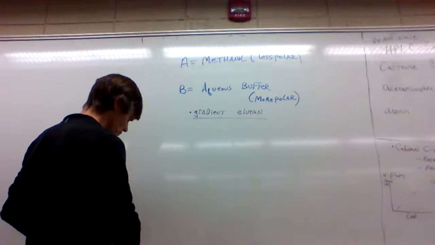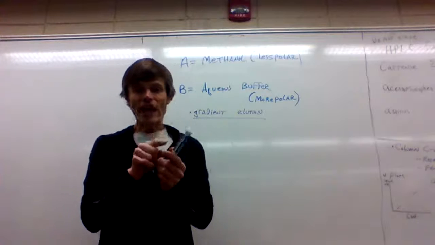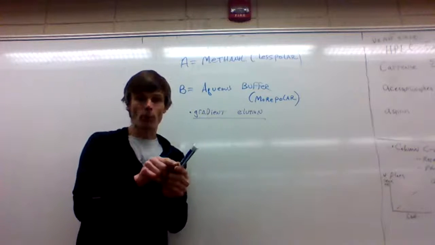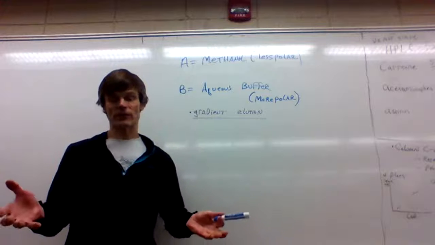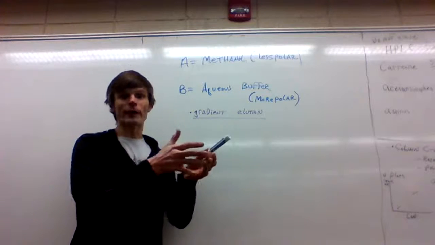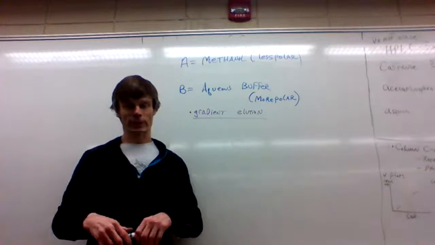Now, a gradient elution is the situation in which we change the composition of our mobile phase to encourage separation of different species that are either co-eluting in one condition or not separating completely.